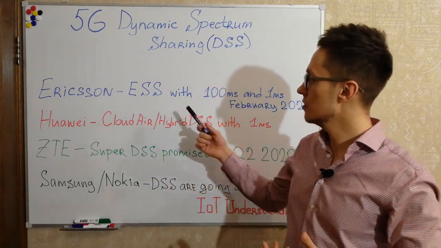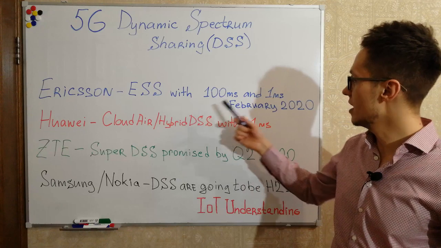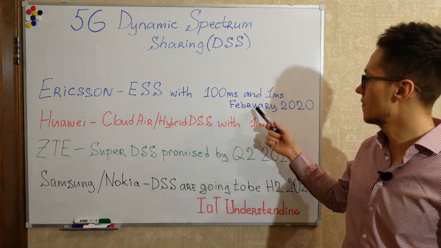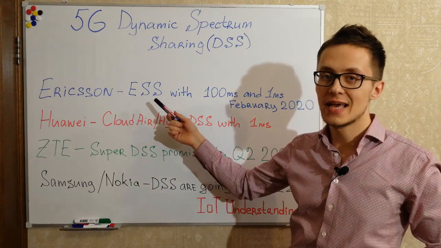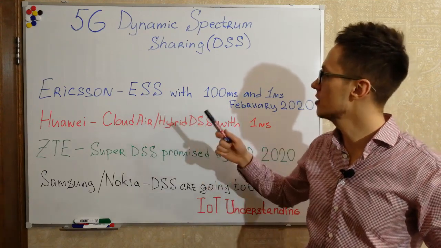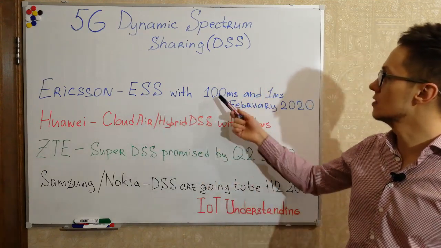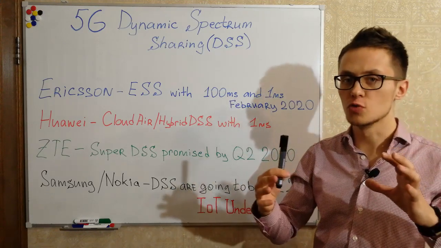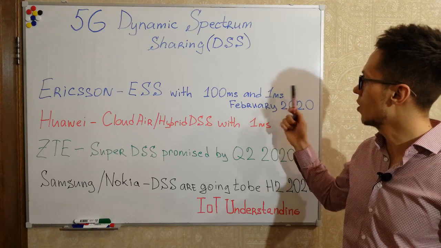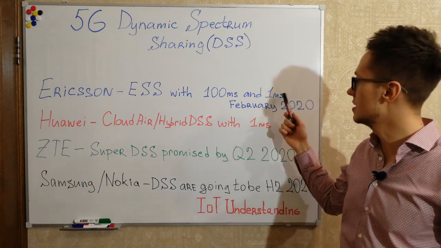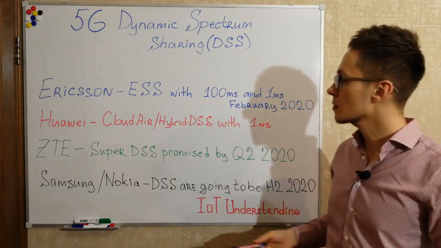The Ericsson solution has been available since February 2020. It is called ESS, Ericsson Spectrum Sharing, with possible resource allocation granularity of 100 milliseconds and 1 millisecond, so every TTI is possible.